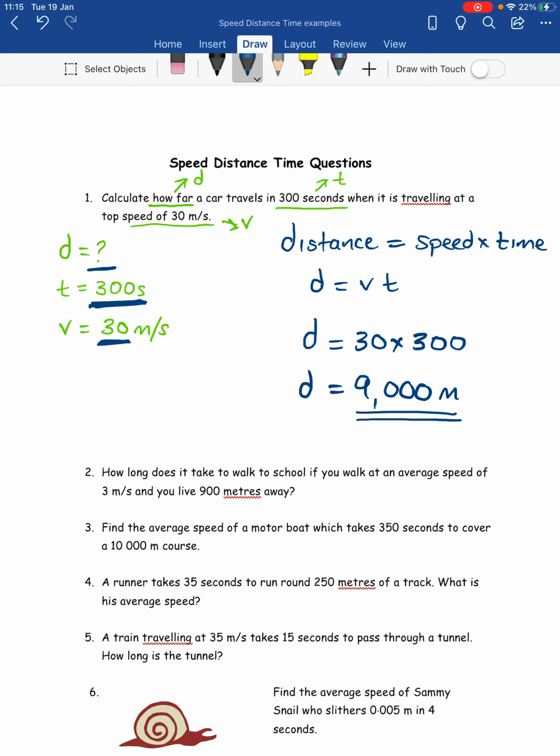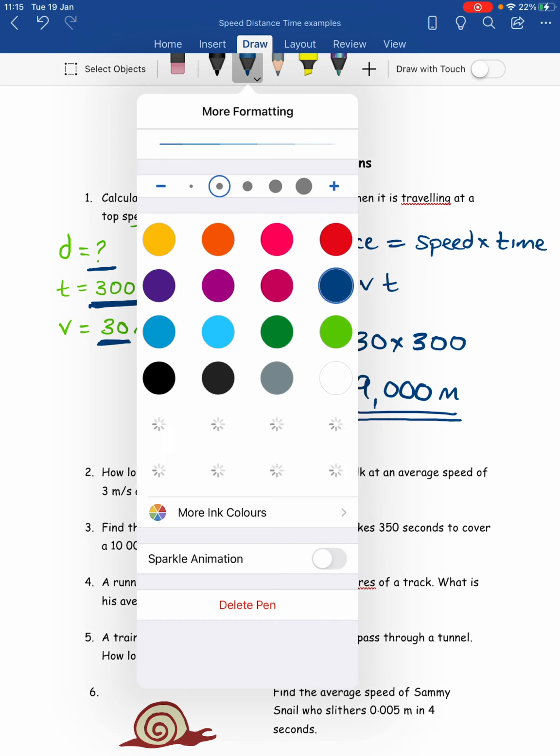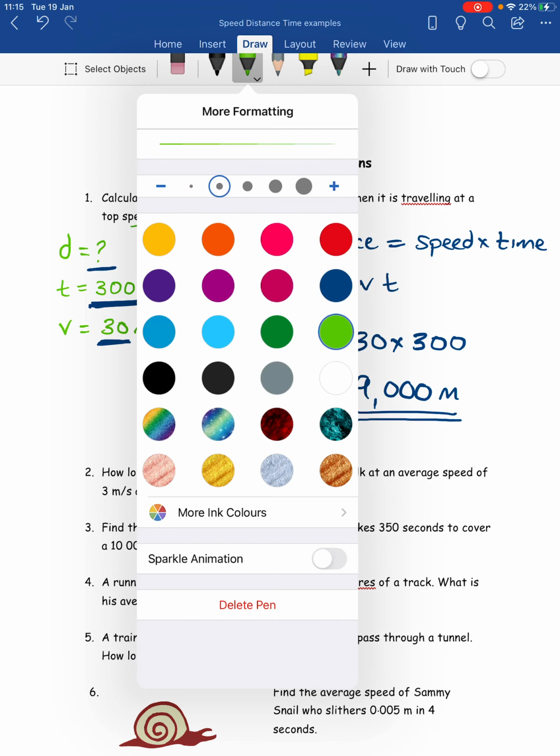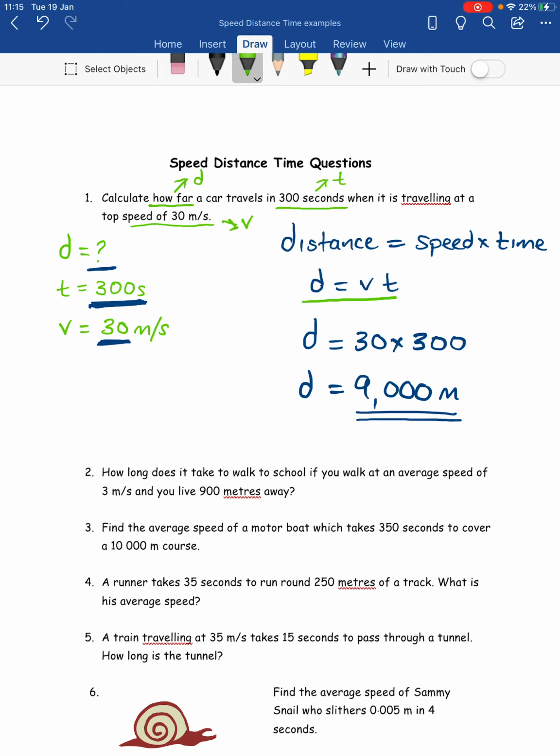So it's really important that you write out the equation in this form for every speed, distance, time problem. Because like I said earlier, it doesn't matter if you have to work out distance, speed or time. It doesn't matter which one you're being asked to work out. This is the correct equation that gets you 1 mark.